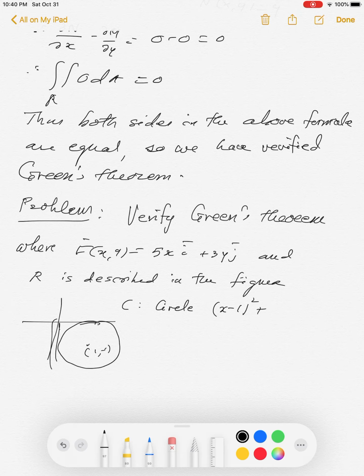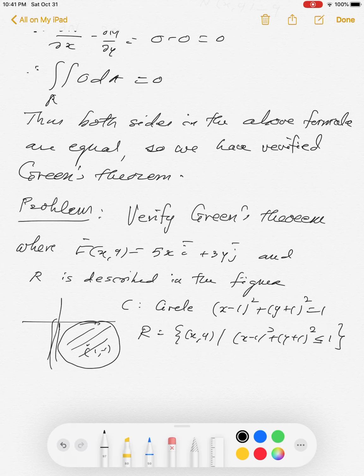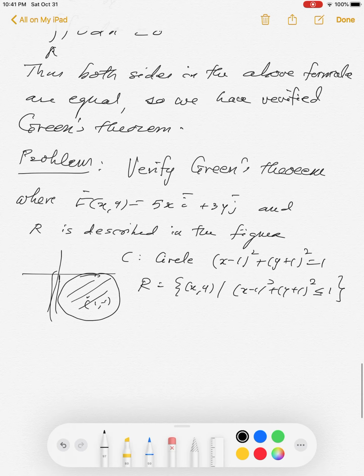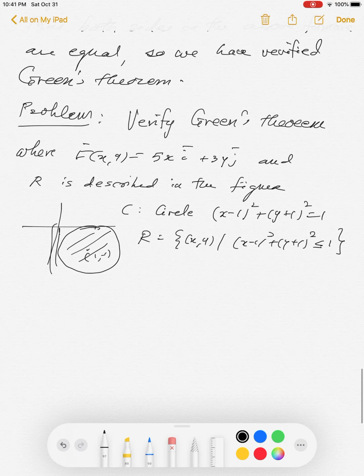So C is the circle (x - 1)^2 + (y + 1)^2 = 1. And R is the region, the disk of (x, y) such that (x - 1)^2 + (y + 1)^2 is less than or equal to 1.